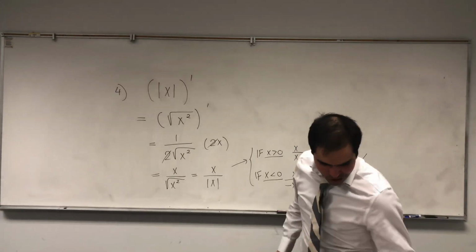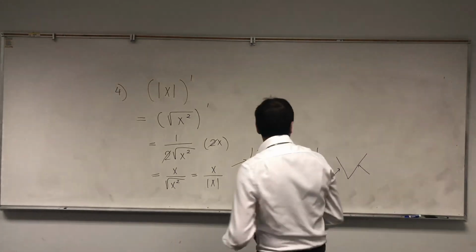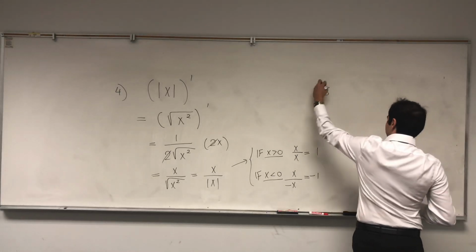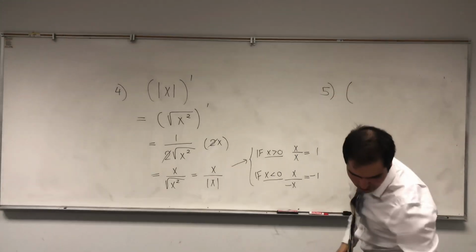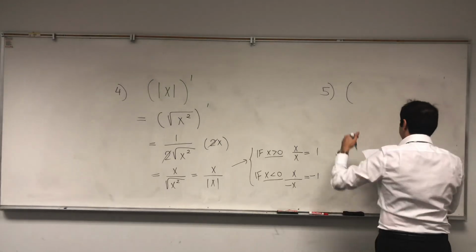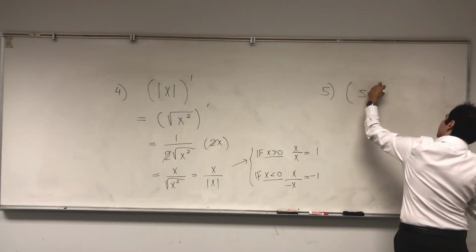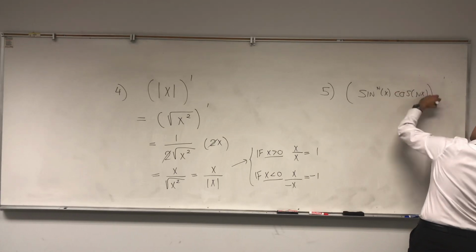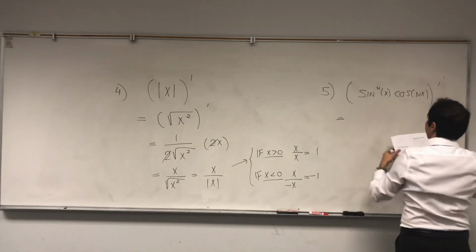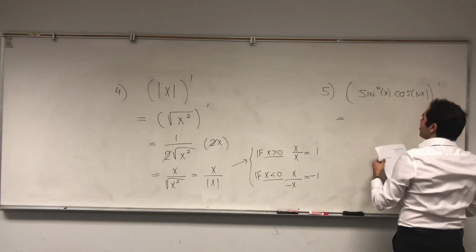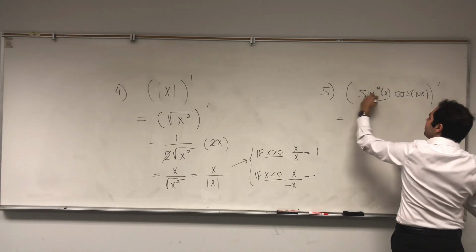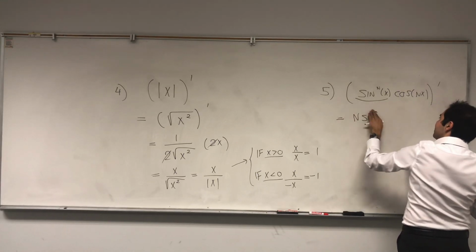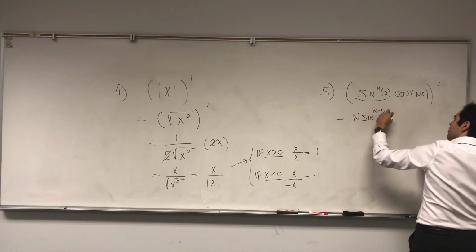Next one, actually the next two are some of my favorite problems. So let's do the derivative of sine to the n of x times cosine of nx. Again just use the product rule and chain rule. So the derivative of the first function becomes n sine to the n minus 1 of x.